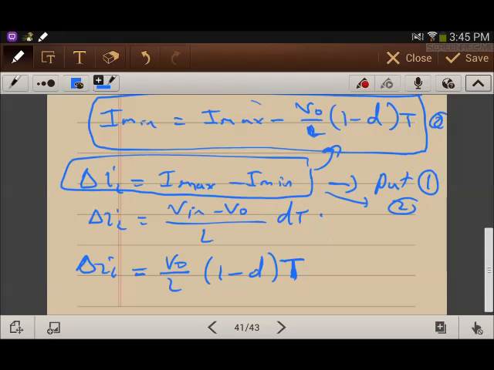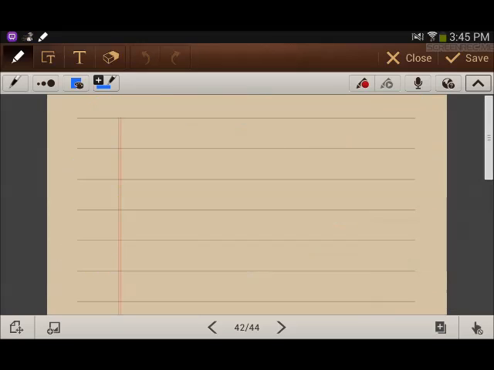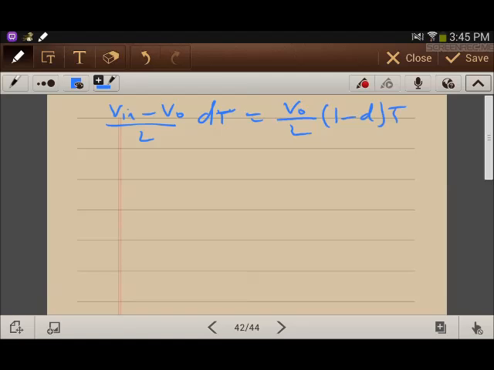Since delta IL is equal to this one and this one, we can write it this way: V input minus V output over L dt is equal to V out over L, 1 minus d, multiplied by t.